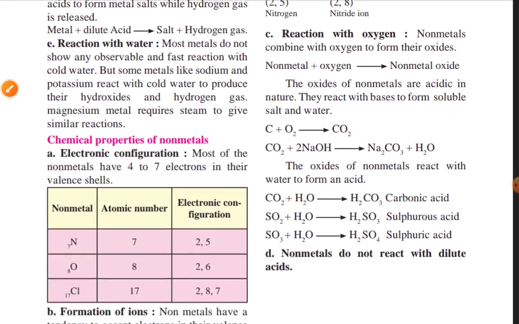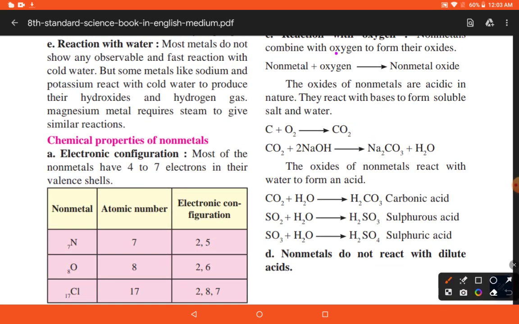Now reaction with oxygen. Non-metals react with oxygen to form oxides, and they are non-metallic oxides which are acidic in nature. When these oxides react with bases, they form salt, which is soluble, and water.